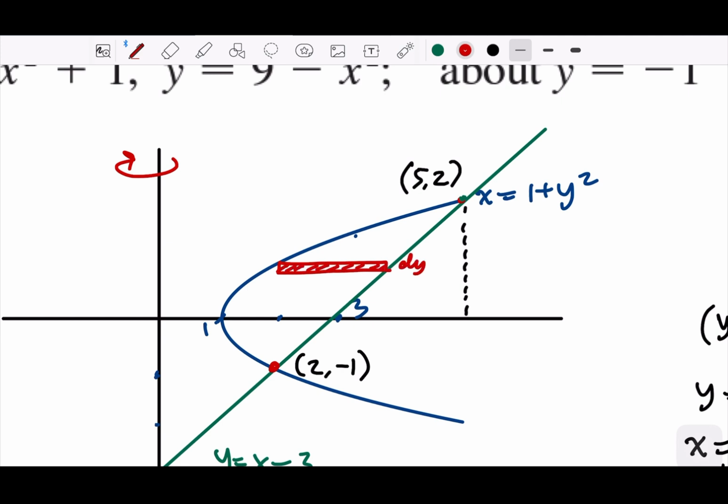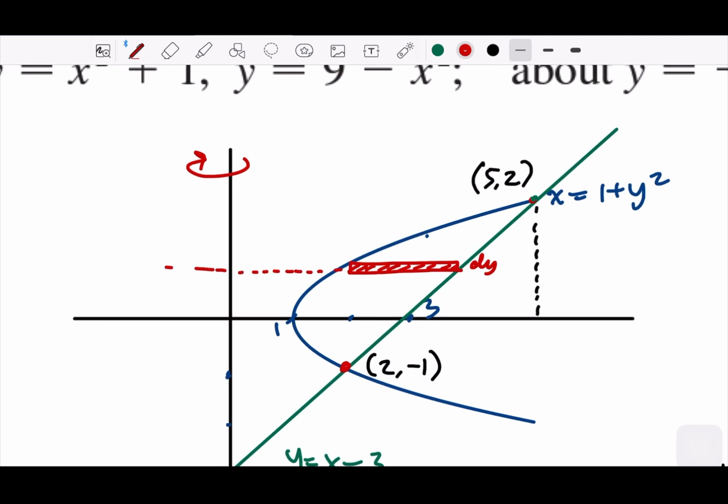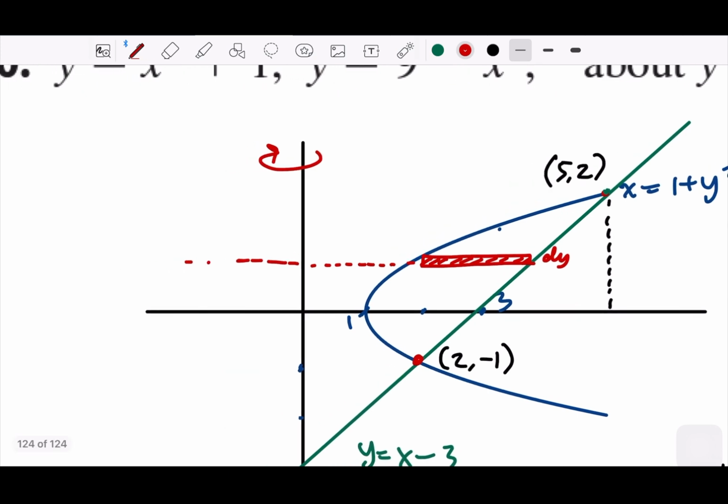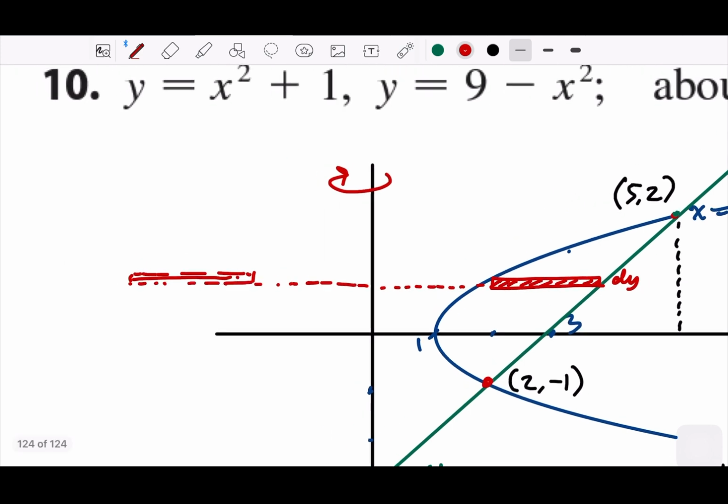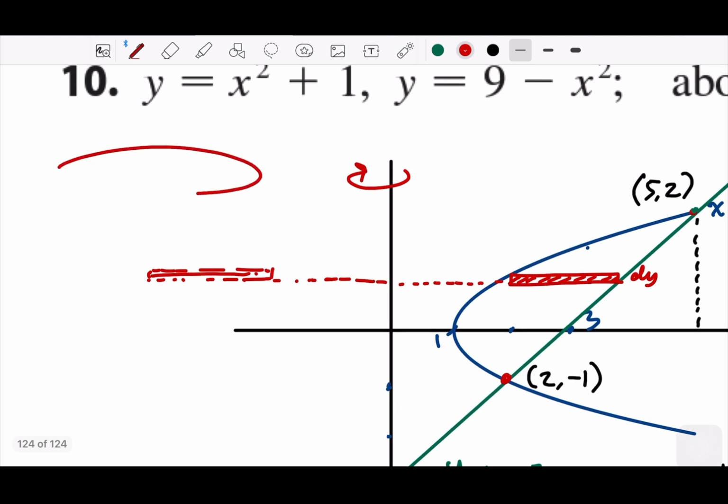So we take dy, and we could see how it looks. You could think of this like a disk like this.